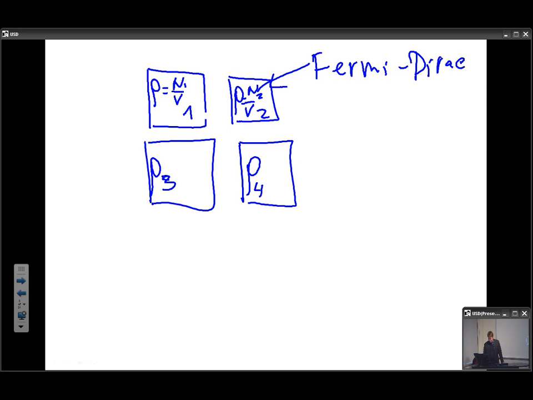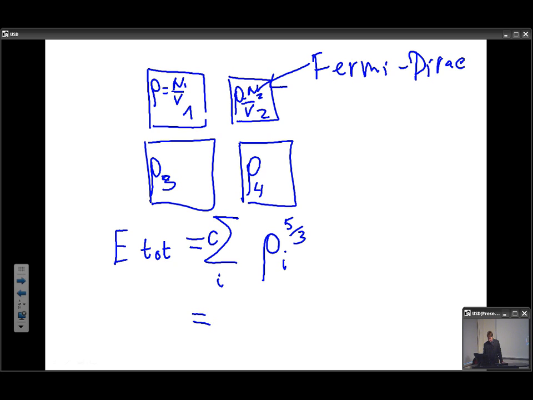And the total energy of such a universe filled with electrons can be expressed as a summation over all boxes, with the density in each box to the power 5 over 3 times some constant.